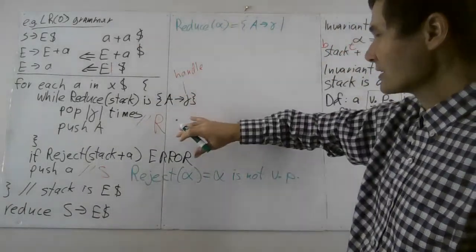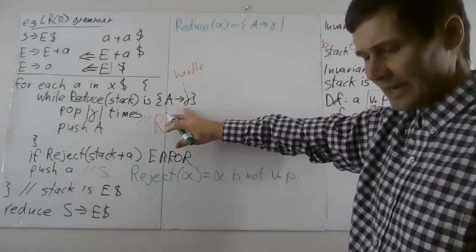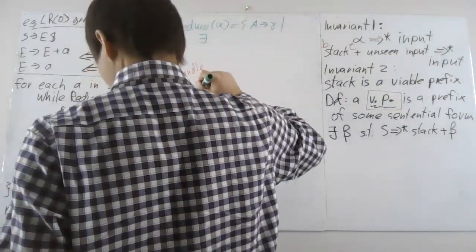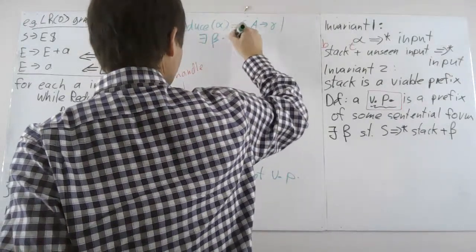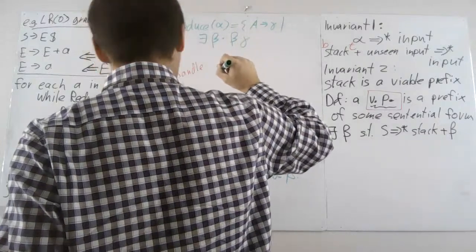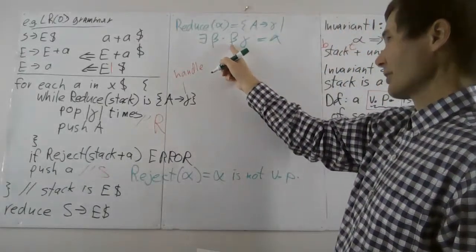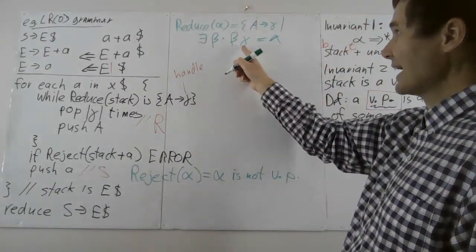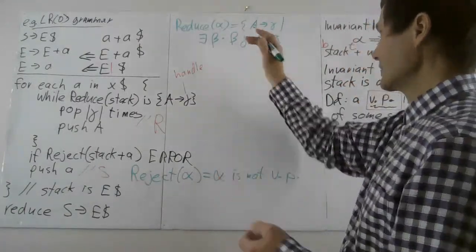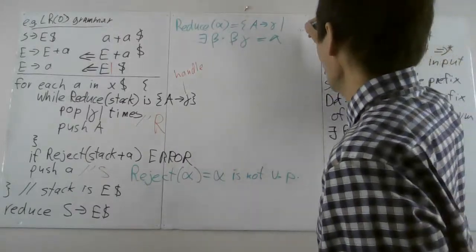And I already talked about how the top of the stack has to match the right-hand side of the rule, right? The handle. So I'm going to say there exists a beta such that beta gamma is alpha. So the stack is some beta plus gamma. So the stack has gamma at the top of the stack, right? You only want to reduce if gamma is at the top of the stack. So, okay, this part was kind of easy.